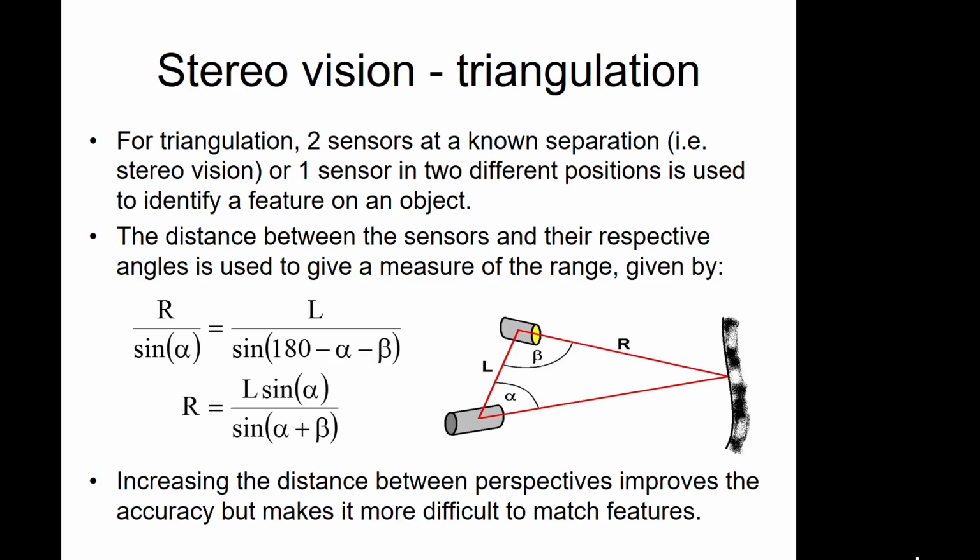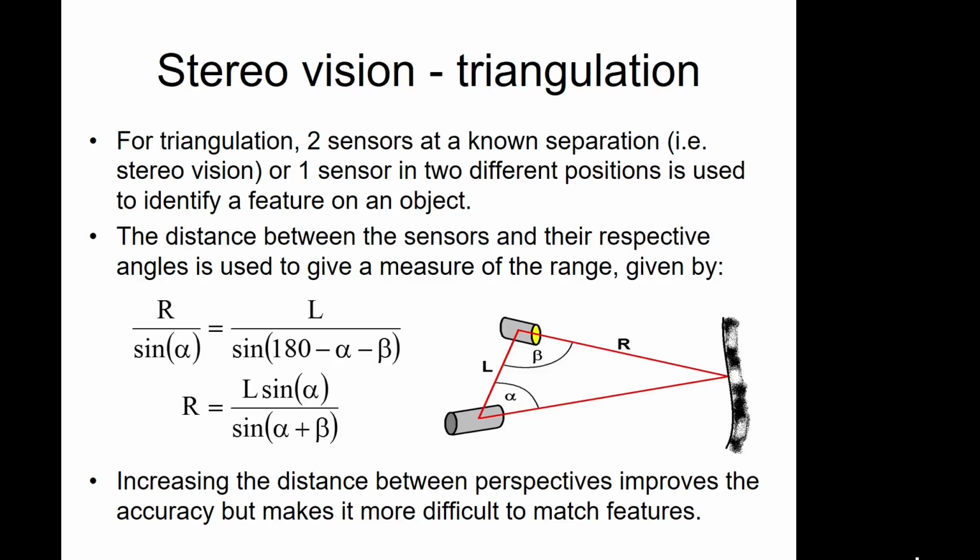Now the way our eyes work is we've got two, and we use that to judge distance. What I usually do in the class is get people to close one eye and try to judge distance with only one eye open. You find it very difficult, so it's something you might want to try.